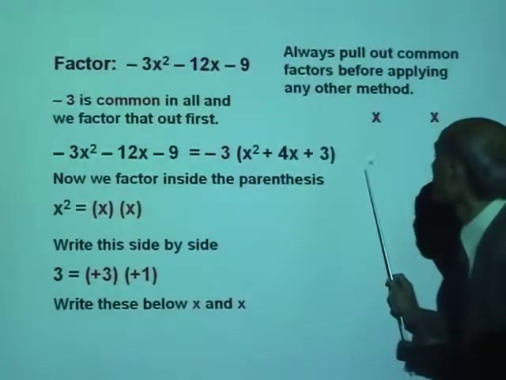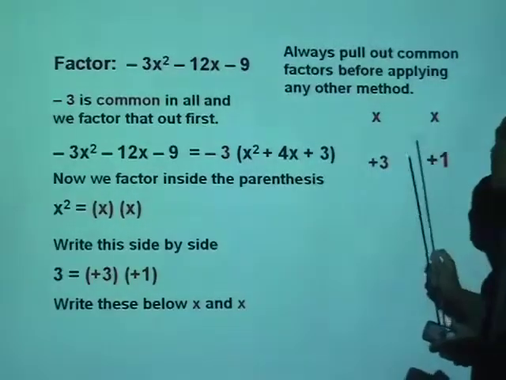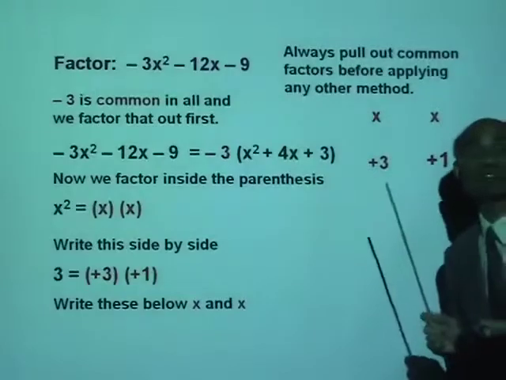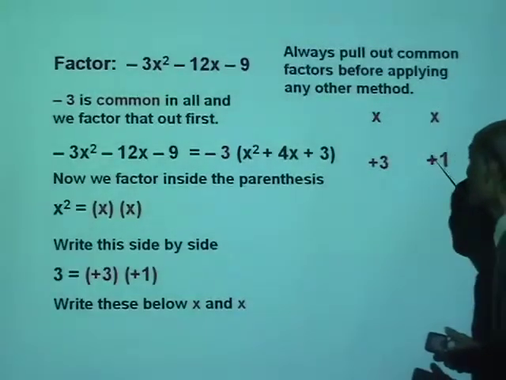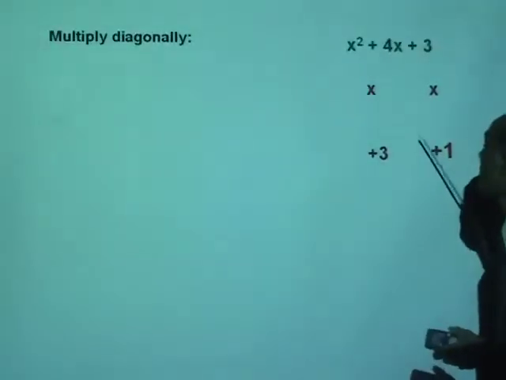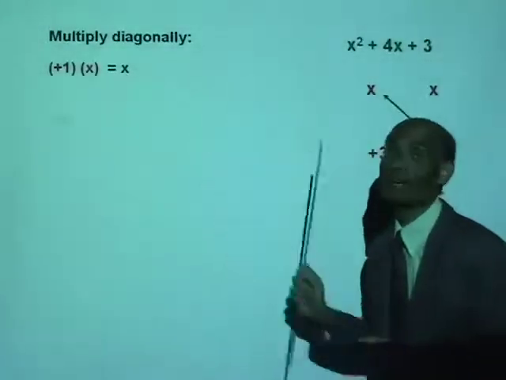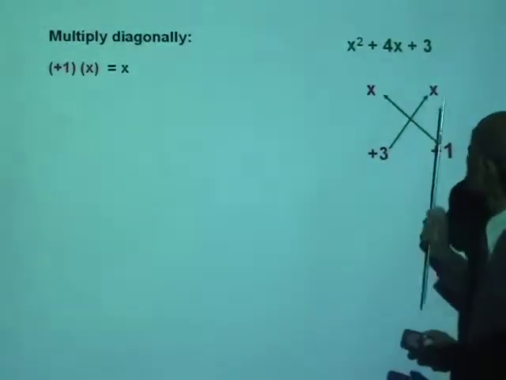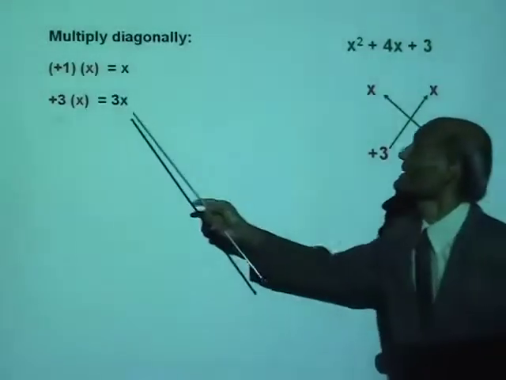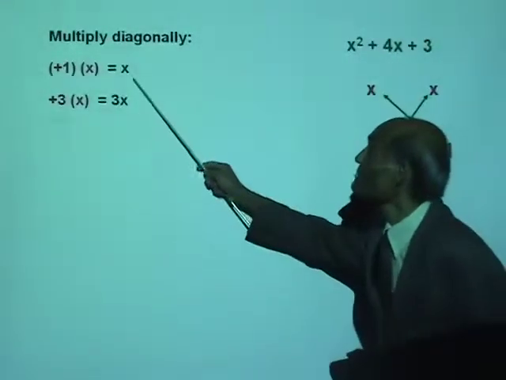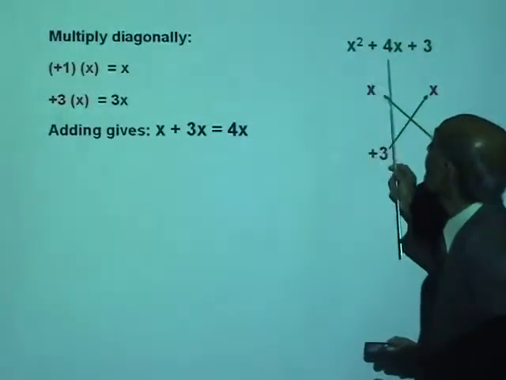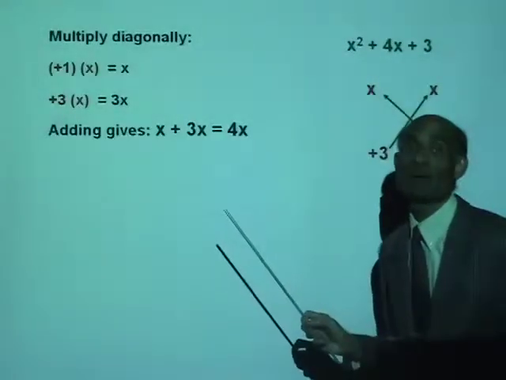Write positive 3 and positive 1 below the x's. All right, multiply diagonally. We get positive 1 times x is x. Positive 3 times x is 3x. Adding them together gives you 4x, the middle term.